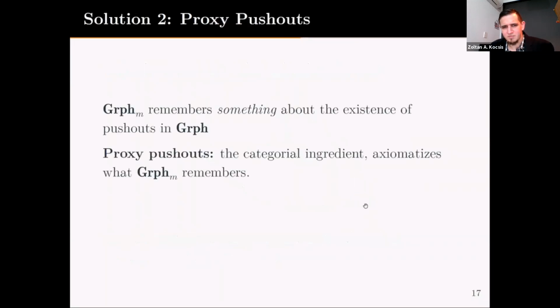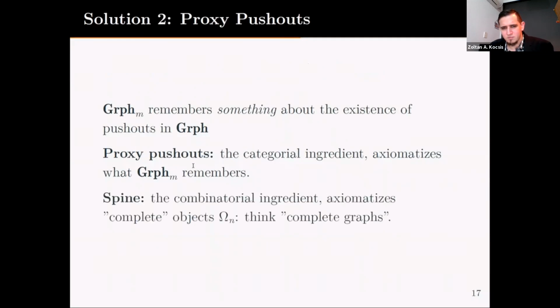So the way we solve this issue is by axiomatizing what this category of graphs and monomorphisms remembers about the existence of push-outs in graph. And there is something that it remembers. This resulting notion, which we call proxy push-outs, is the major ingredient of the definition of spined category.